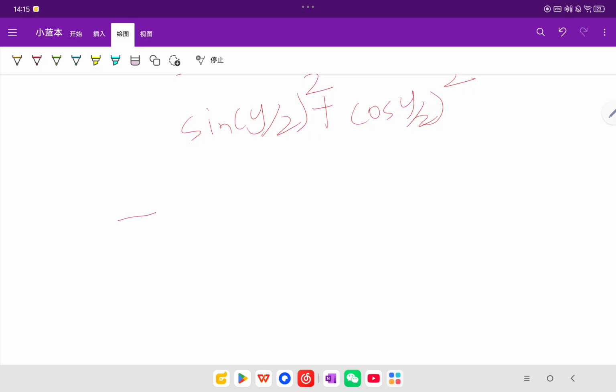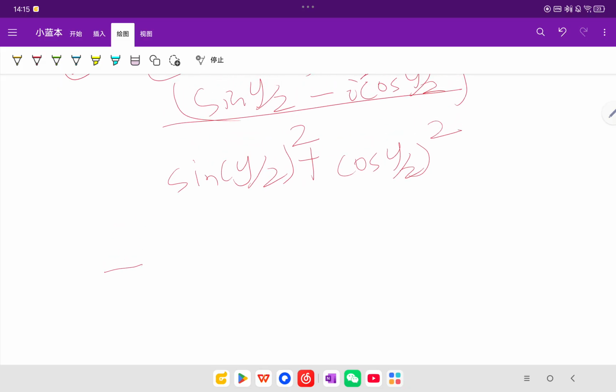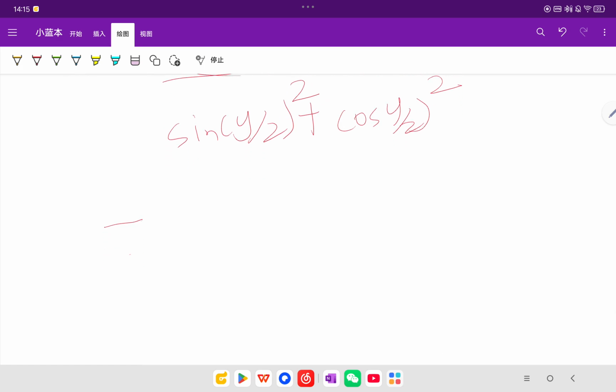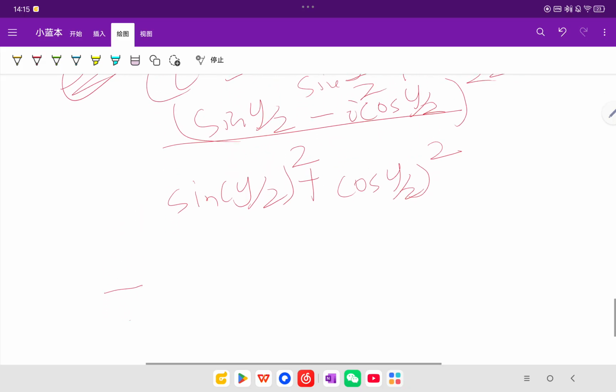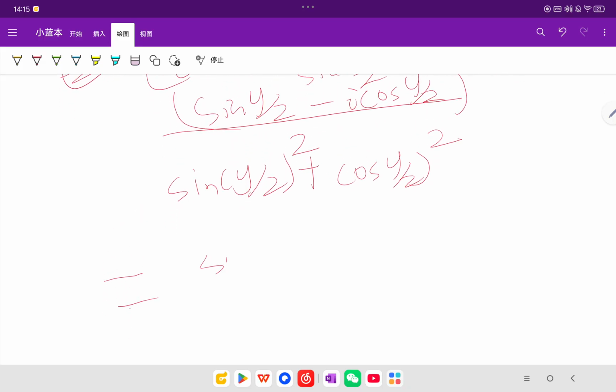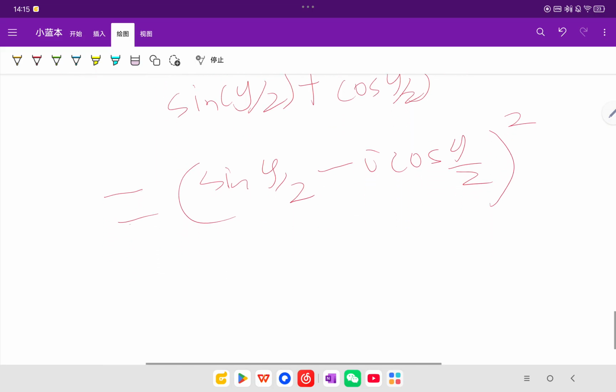We notice that sine squared plus cos squared is just 1, so we only have the numerator left. So we have sine y divided by 2 minus i cos y divided by 2 squared. And this, in fact, equals negative cos y minus i sine y.